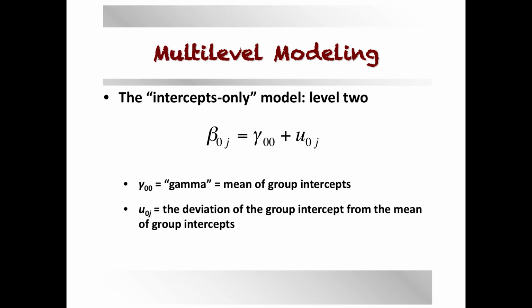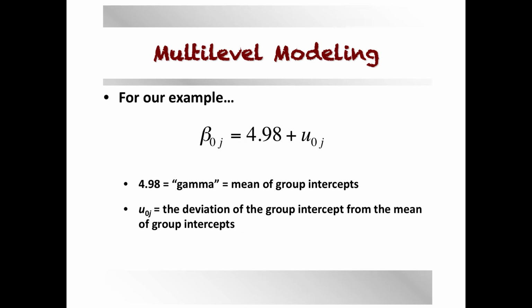And then we can check to see, this is the next level, because we're not just looking at an individual regression equation, we're comparing regression equations across each other. So that U with the 0 and the j in the subscript, where j is the individual group, is the deviation of that group from the mean of the group intercepts, from the gamma. How much does that particular group deviate from the mean of the overall intercepts?